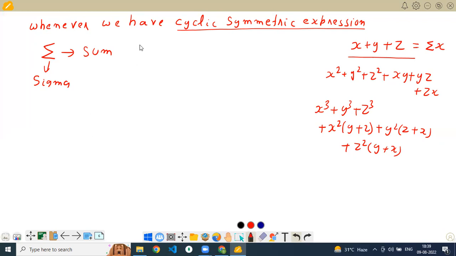So the roots I can write as summation of alpha i, where i varies from 1 to n. You have to substitute the value of i as 1, 2, 3, 4, 5, 6, 7, 8, 9 up till n. This summation sign stands for addition, sum. So I can write this as alpha 1 plus alpha 2 plus alpha 3 plus alpha 4.